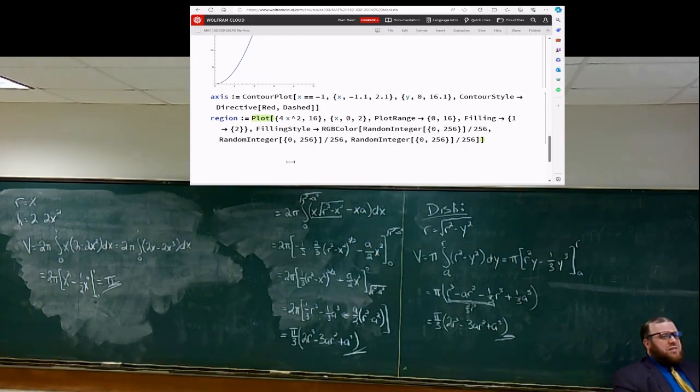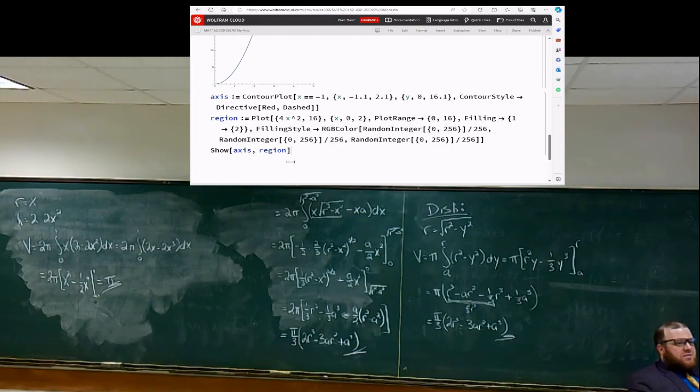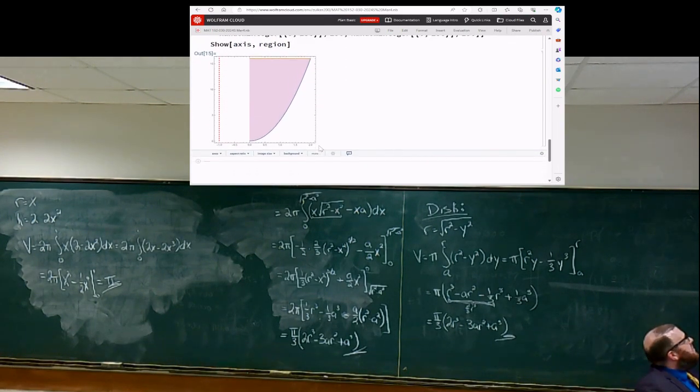It should be fairly obvious to tell which one is the parabola and which one is the straight horizontal line. That should be good. Then what I'm going to do is show the region on the axis. Crap. Forgot about that.